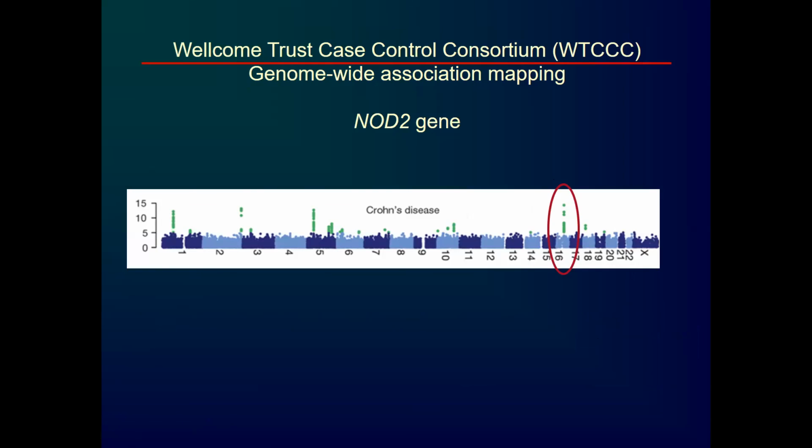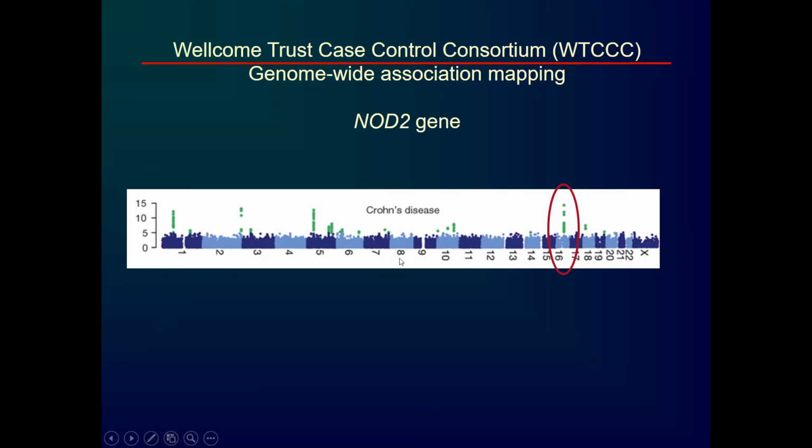Almost a decade after the linkage analysis that identified the NOD2 gene, the Wellcome Trust Case Control Consortium conducted a study with 500,000 single nucleotide polymorphisms scattered across the genome. Here you could see the centromere, chromosome 1, chromosome 2, and here you see the significance level, the log 10 of the p-value.